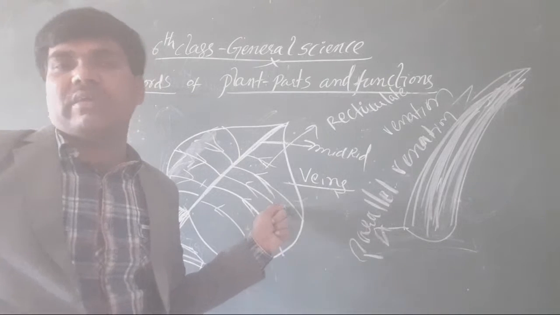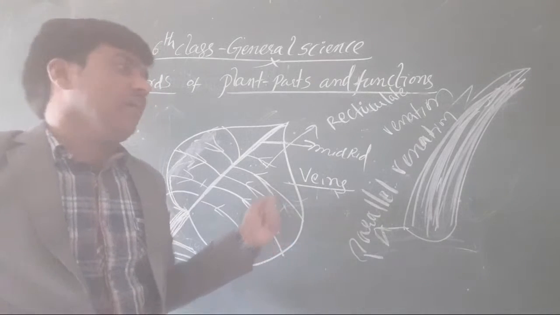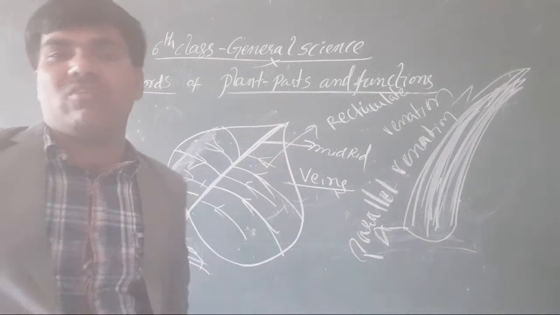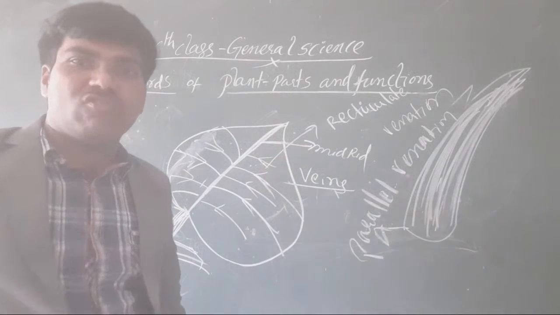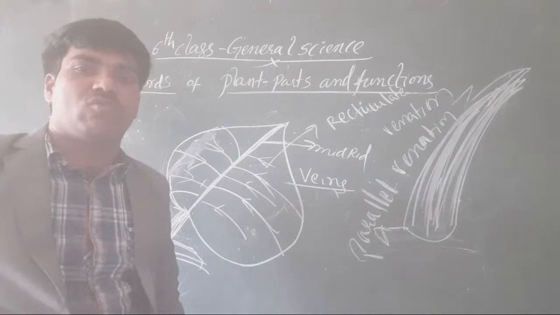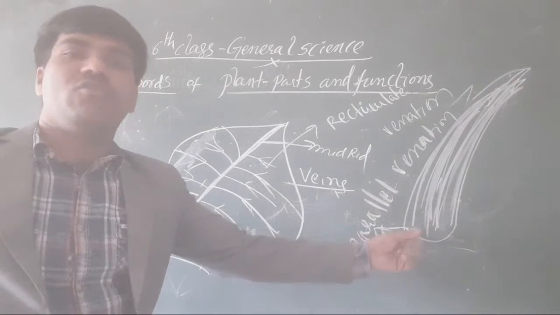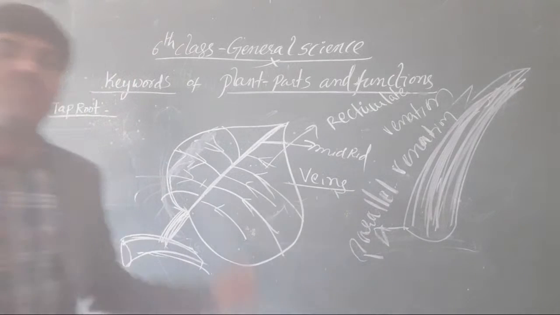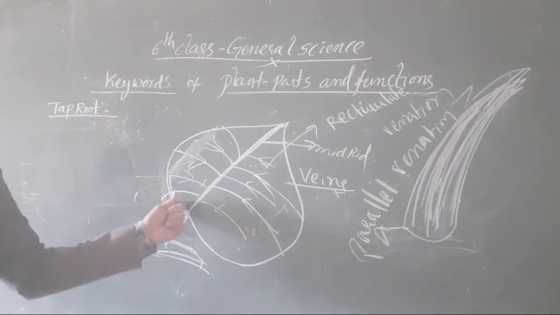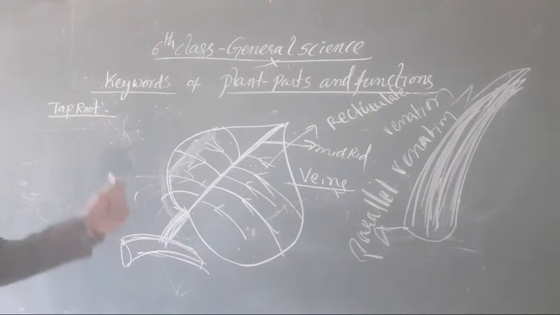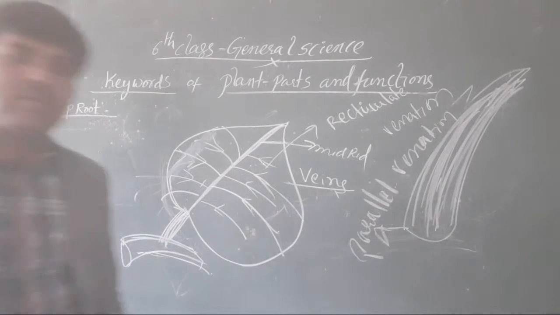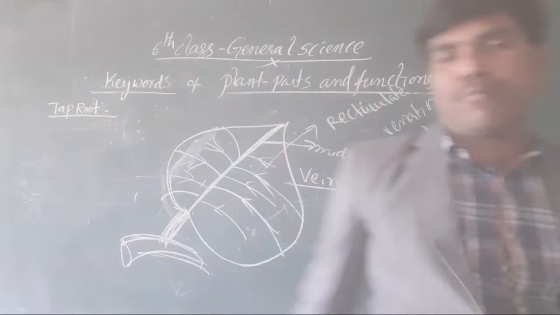Tap roots contain reticulate venation. Parallel venation is observed in fibrous root plants. Reticulate venation is observed in taproot plants. I hope you got this information.